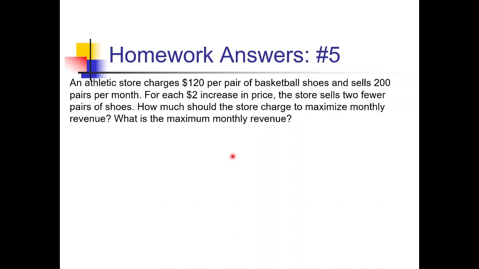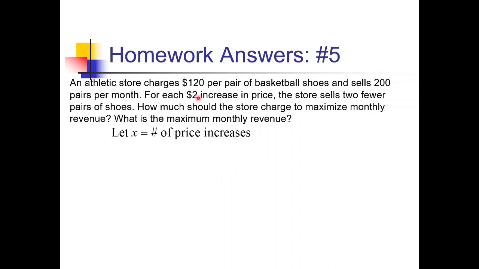All right, so the thing that we are controlling here that we can change is how many of these $2 increases we execute. So I'm going to let x represent the number of price increases. So my revenue, which I'm trying to maximize, is basically price times number of items sold. I'm going to express each of those in terms of this x.